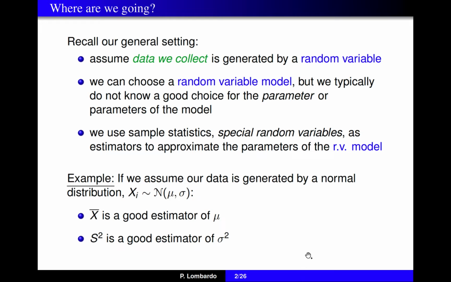Both are good in the sense that they're unbiased. In other words, the expected value of X-bar is equal to the mu we're trying to discover. And the expected value of S-squared is equal to actually the variance, not the standard deviation, but the variance of the random variable model we're trying to discover here. And we also have good estimates for their mean squared error, both of which get smaller the more samples you include.